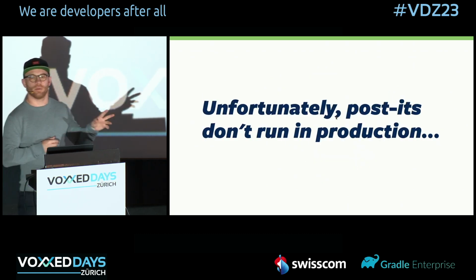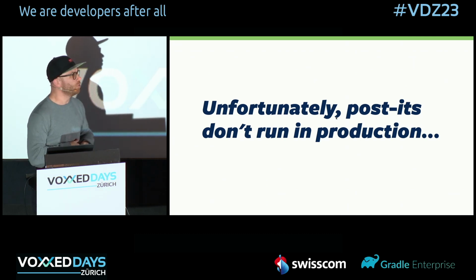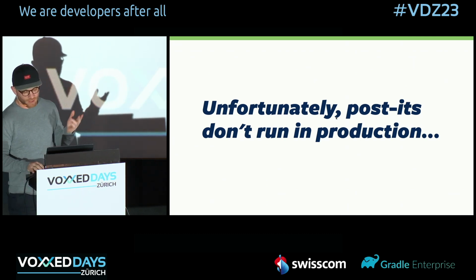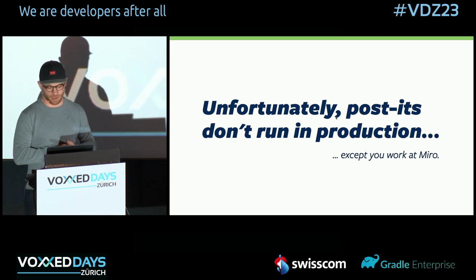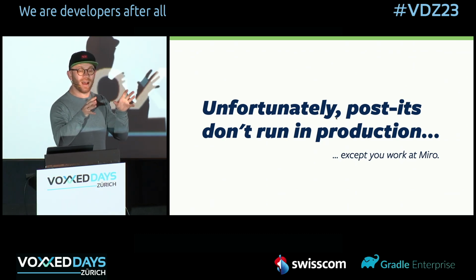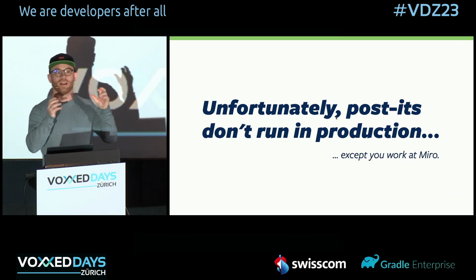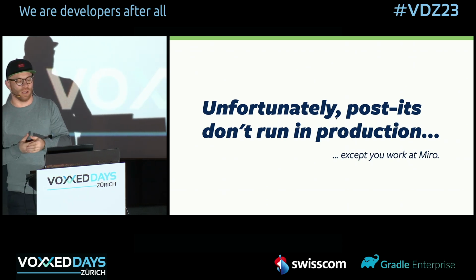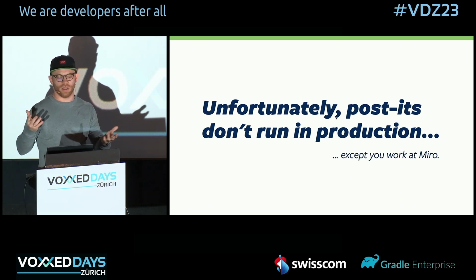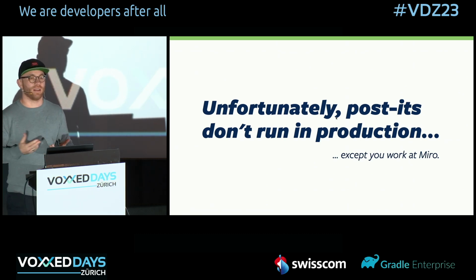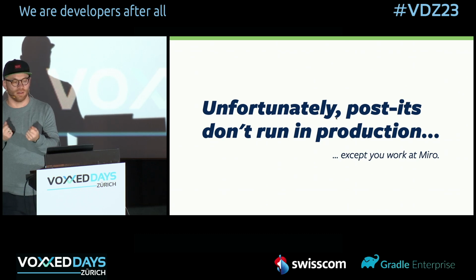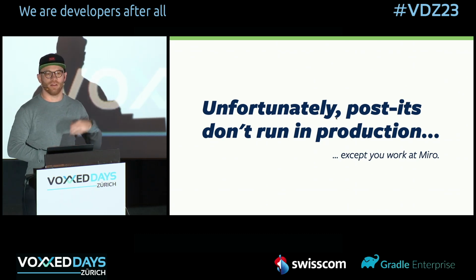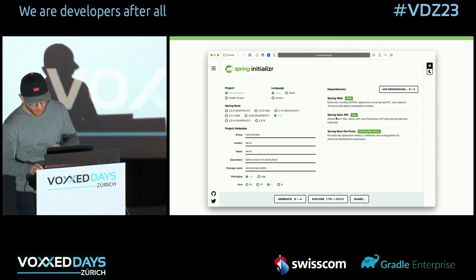So we have this developer team assembled in our room, and we have these post-its, but unfortunately, except you work in Miro, they don't run in production. So somehow you have to translate that logical domain structure into your application code and arrange your code in some way that, in the best case, actually helps you develop these individual parts and new requirements.